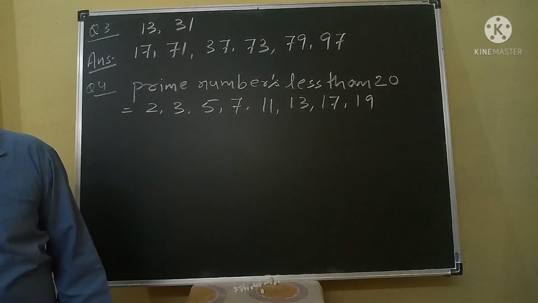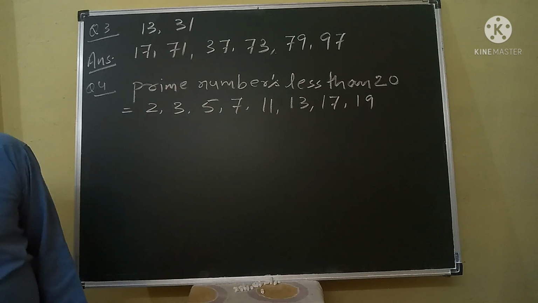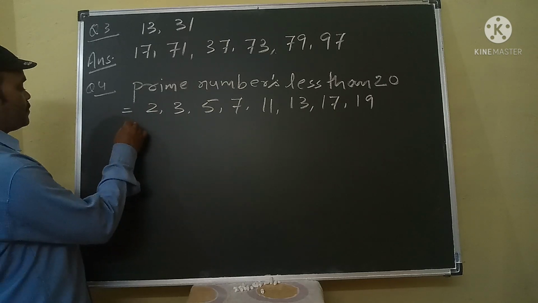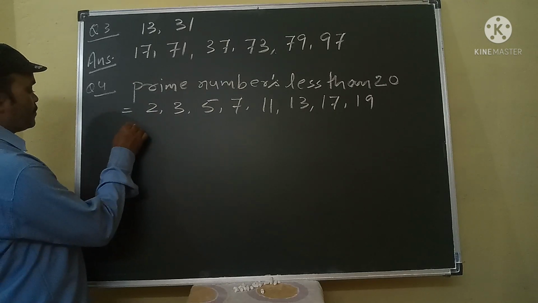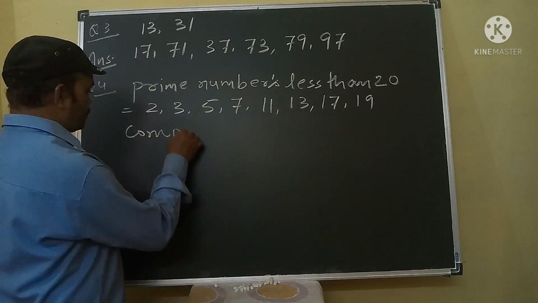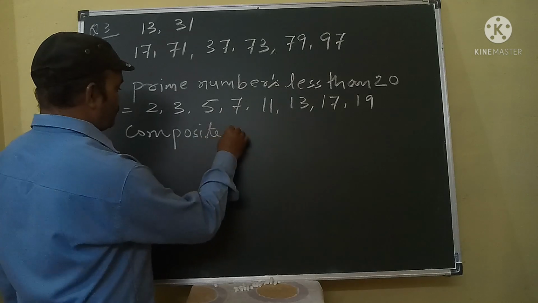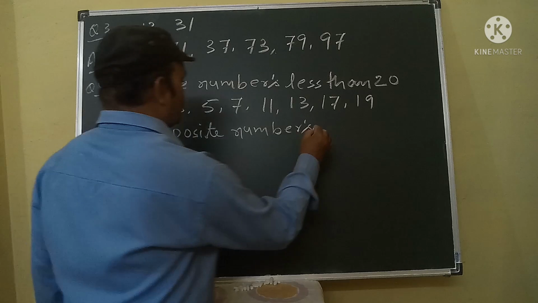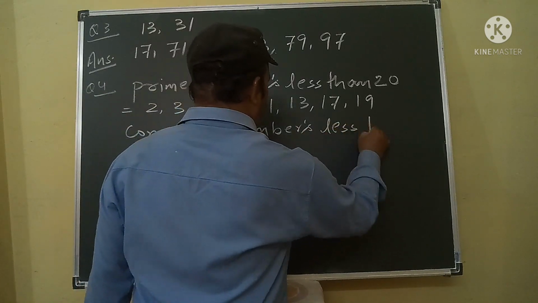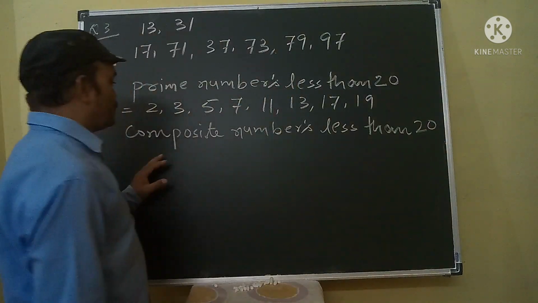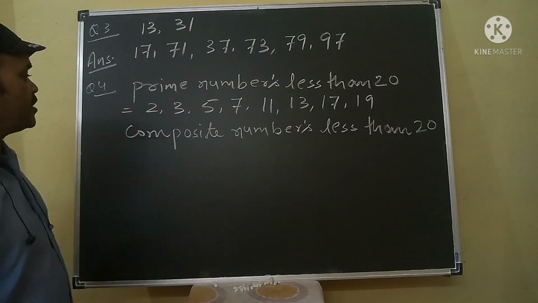Okay. Then we will discuss the composite numbers less than 20.